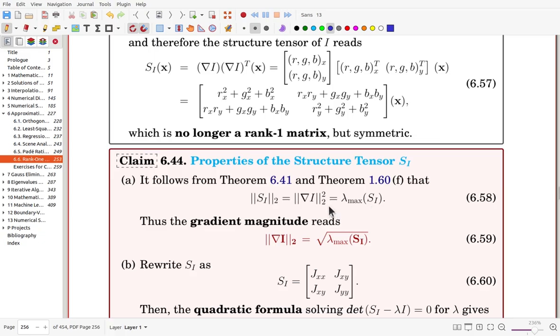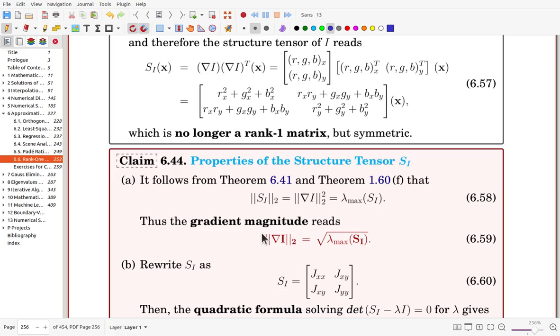So we can conclude that the gradient magnitude of the color image must be the square root of the large eigenvalue.